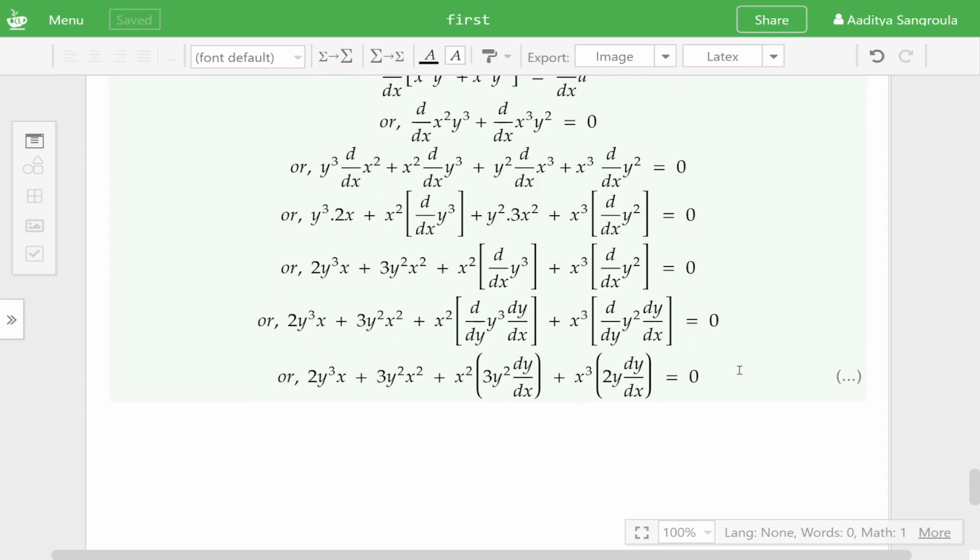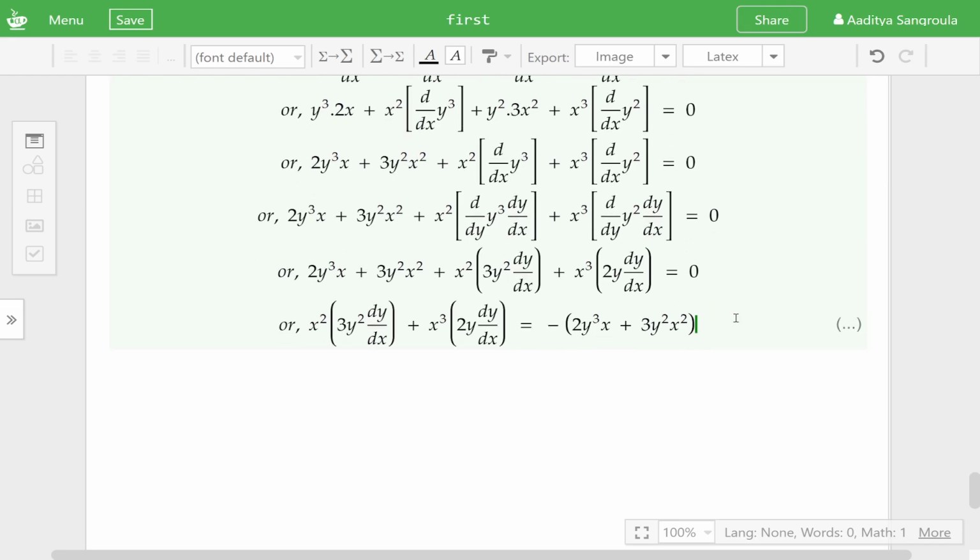And since this is equal to 0, what we can do is keep this thing on one side and put a minus sign after this.